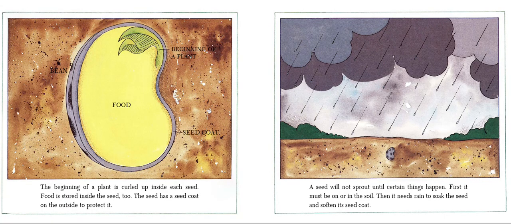A seed will not sprout until certain things happen. First, it must be on or in the soil. Then, it needs rain to soak the seed and soften its seed coat.